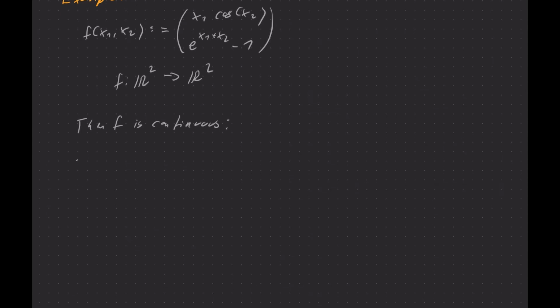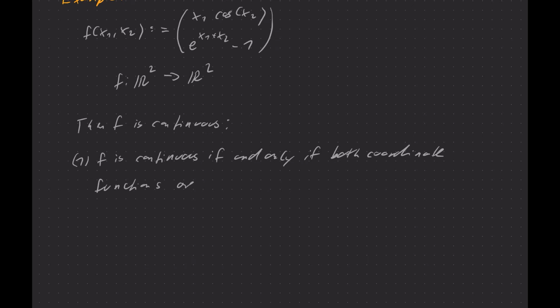And this is for the following reasons. First, we can look at the two components in turn. So f is continuous if and only if both coordinate functions are continuous.